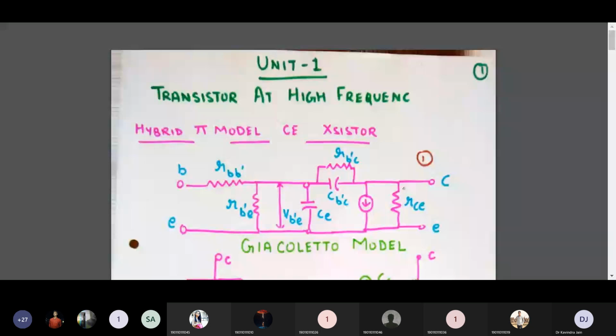So whenever you are asked the reasons for not using H parameters as compared to hybrid pi models, you must be able to justify the same. Do you have any doubts?